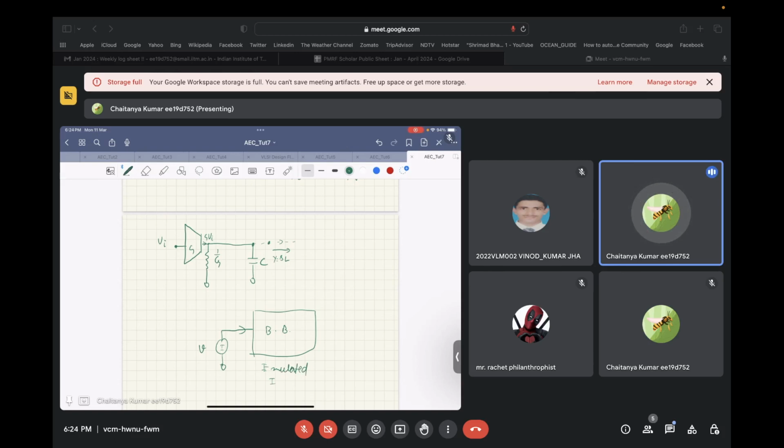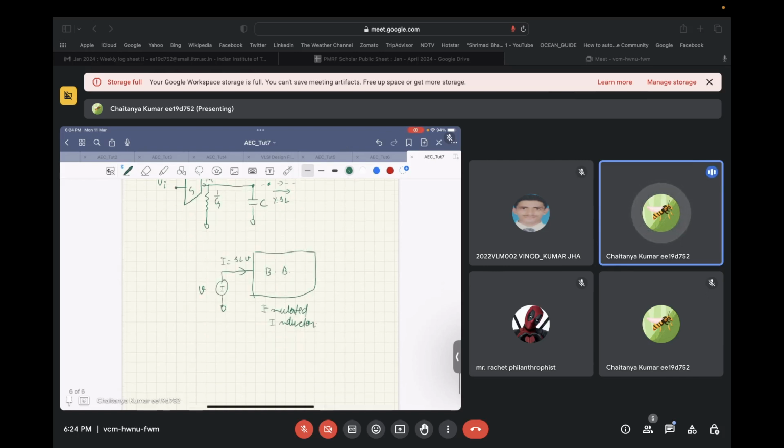Let's call it the emulated inductor. So this is the requirement that needs to be fulfilled.